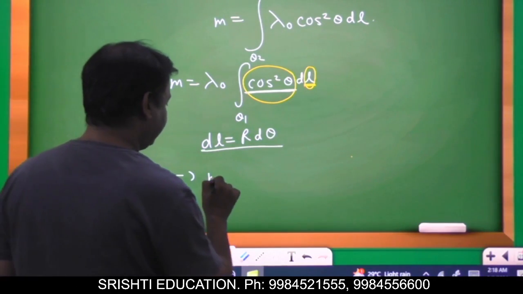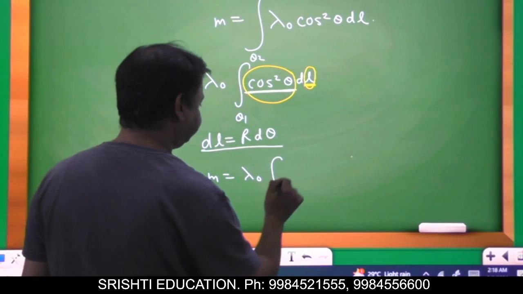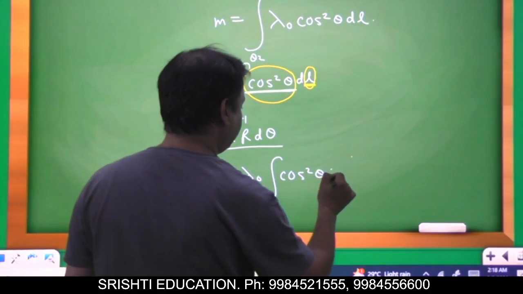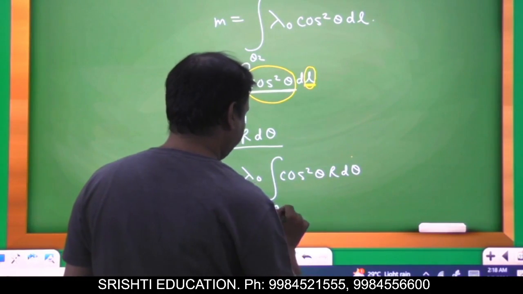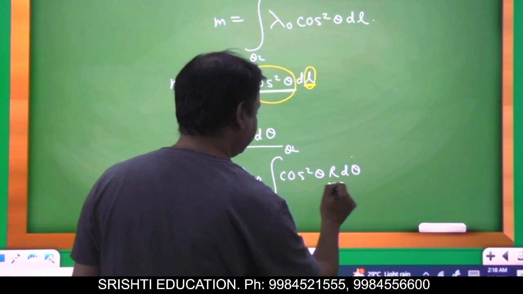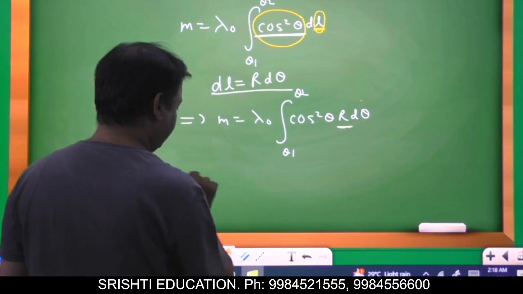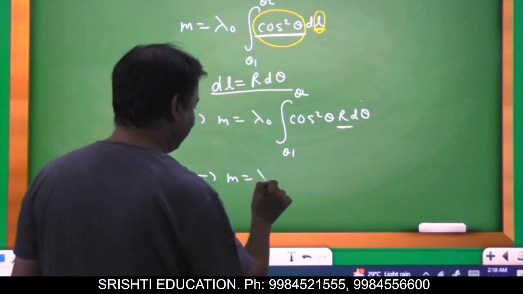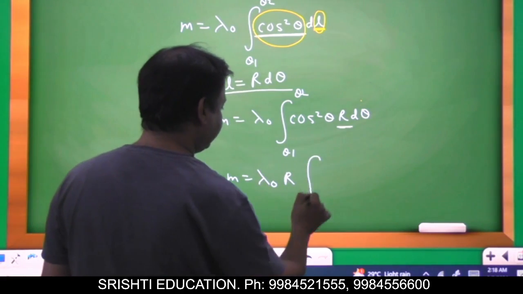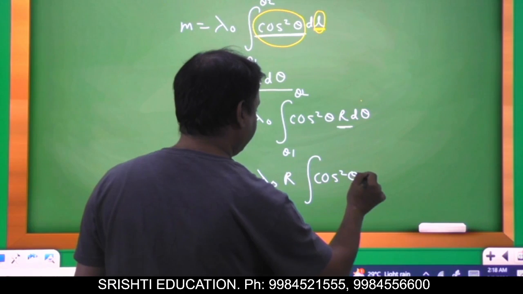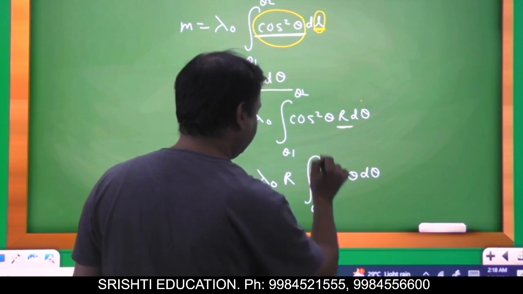So you'll get m is equal to lambda naught cos square theta r d theta from theta 1 to theta 2. Now r being the radius, it is constant for each point. So it implies that m is equal to lambda naught, r will also come out, and what is left is cos square theta d theta from theta 1 to theta 2.